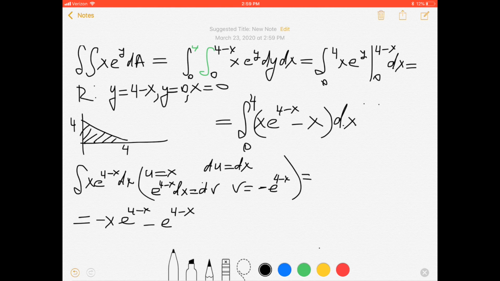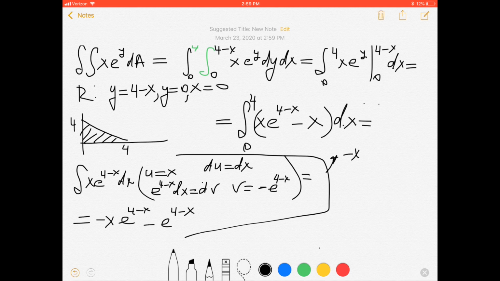Okay. Plug there, as we did separately before, plug here, we have minus x e to the 4 minus x minus e to the 4 minus x and minus x squared over 2.